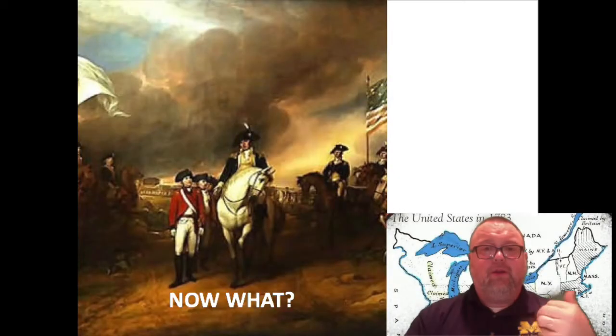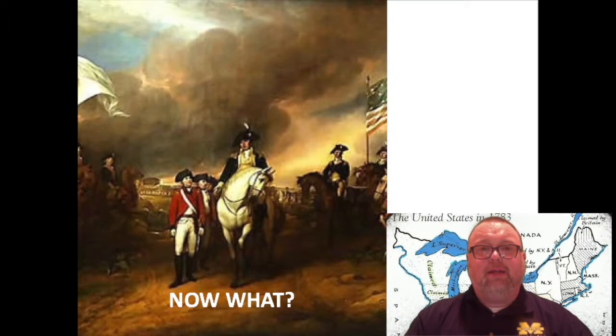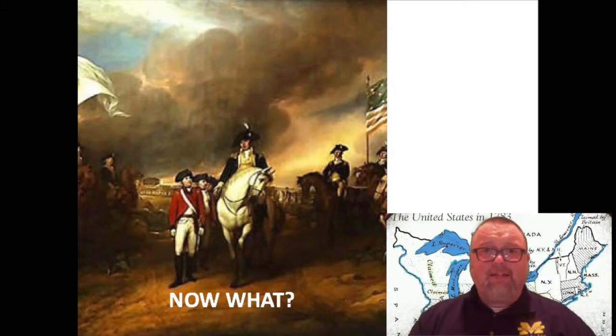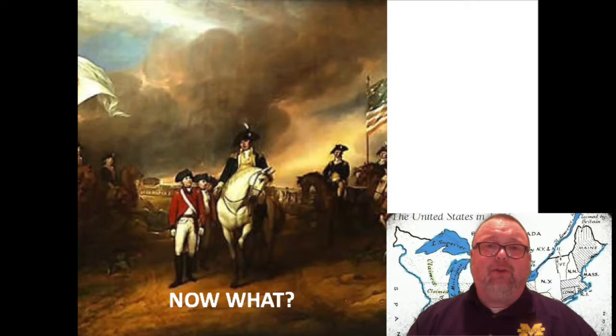So hopefully by this time you've read the article, and this is just a little bit of information to complement it. So first, you might notice the picture next to me is a painting that is in the Capitol building, depicting the Battle of Yorktown, the surrender at Yorktown.